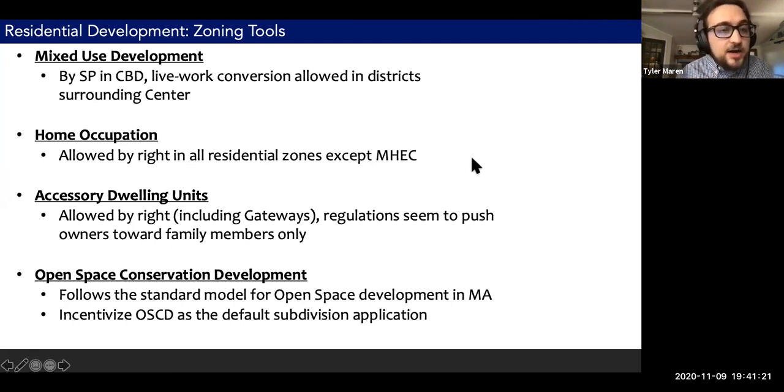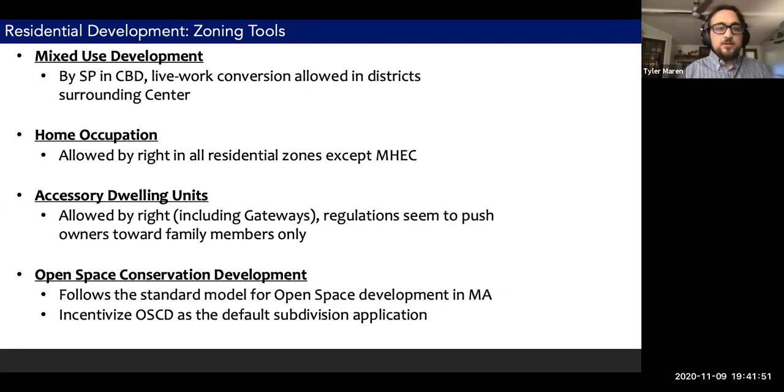And these are both allowed by right in almost every residential zone, with restrictions. I believe the accessory dwelling unit is limited to 600 square feet. It has to open into the other house, so I think that's meant to discourage you from renting it to people you don't know. And the home occupation has to be a reasonable thing to run out of your home. There's a certain percentage of the house it can take up.